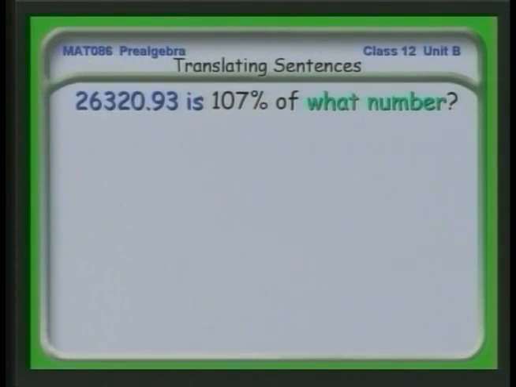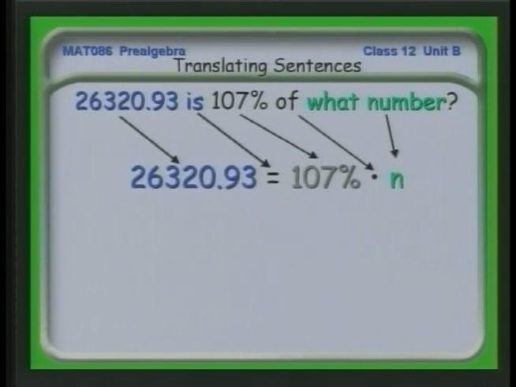But what does that 107% say? 107% means that that's bigger than the whole number because it's more than 100%. If we translate this, what we find is 26,320.93 is 107% of what number?